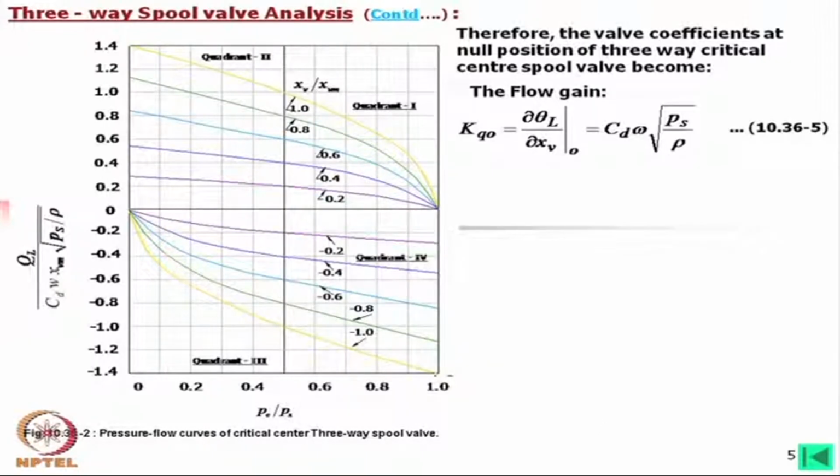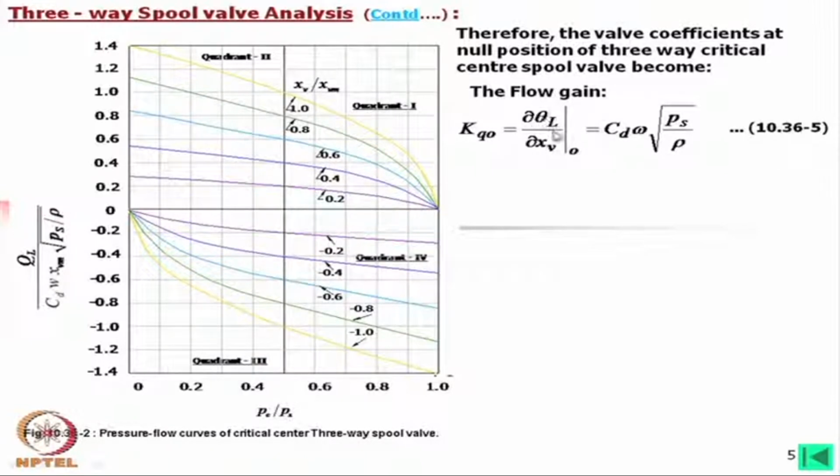If you have attended the earlier classes, then you can find that del q l by del x b, not theta l, this is del q l. Okay.